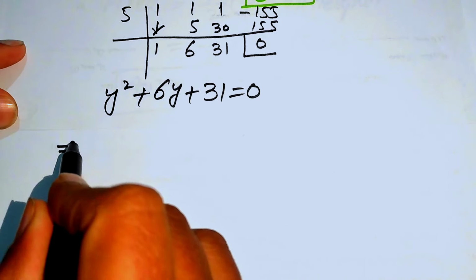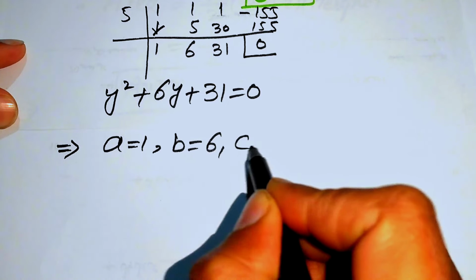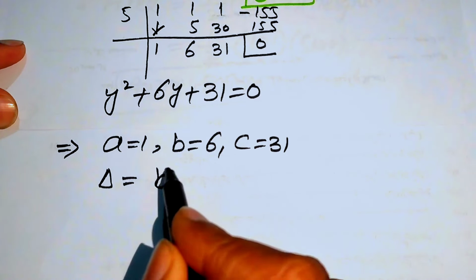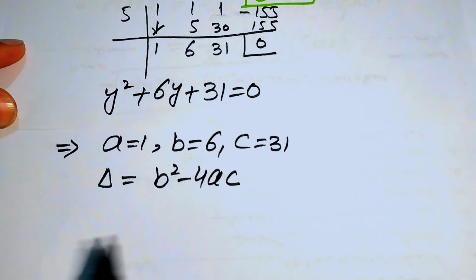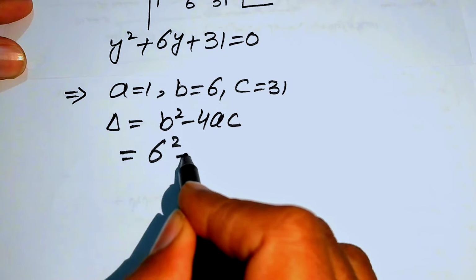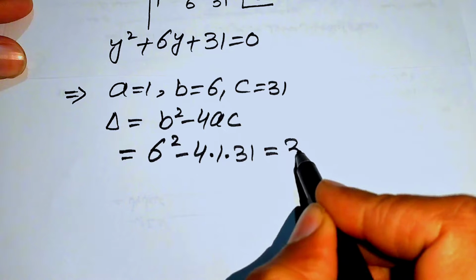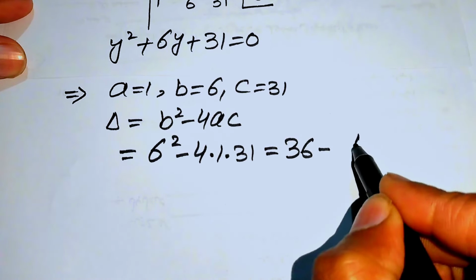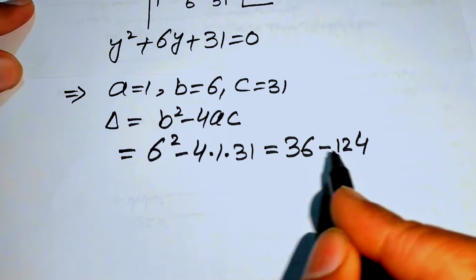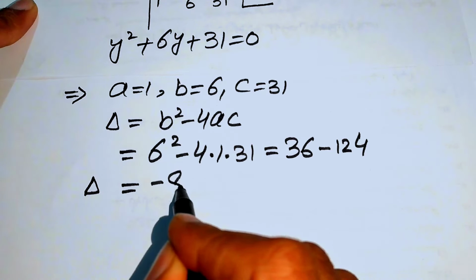We have a equals 1, b equals 6 and c equals 31, and the discriminant formula is delta equals b squared minus 4ac. Putting in the values, it becomes 6 squared minus 4 times 1 times 31. So 6 squared is 36 and 4 times 31 is 124. When we subtract 36 minus 124, we get delta equals minus 88.